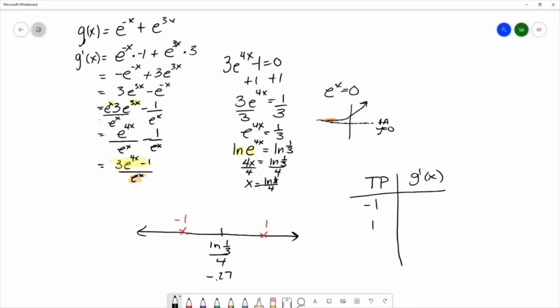So that would be 3e to the 4x. Let me substitute my value in there. 3e to the 4 times -1 minus 1 over e to the -1. Let me use my calculator to get the sign there.